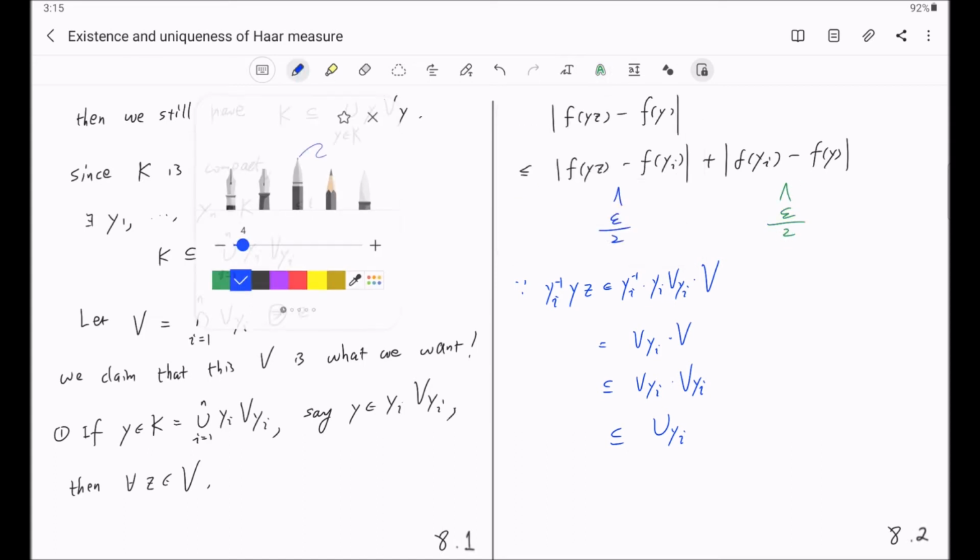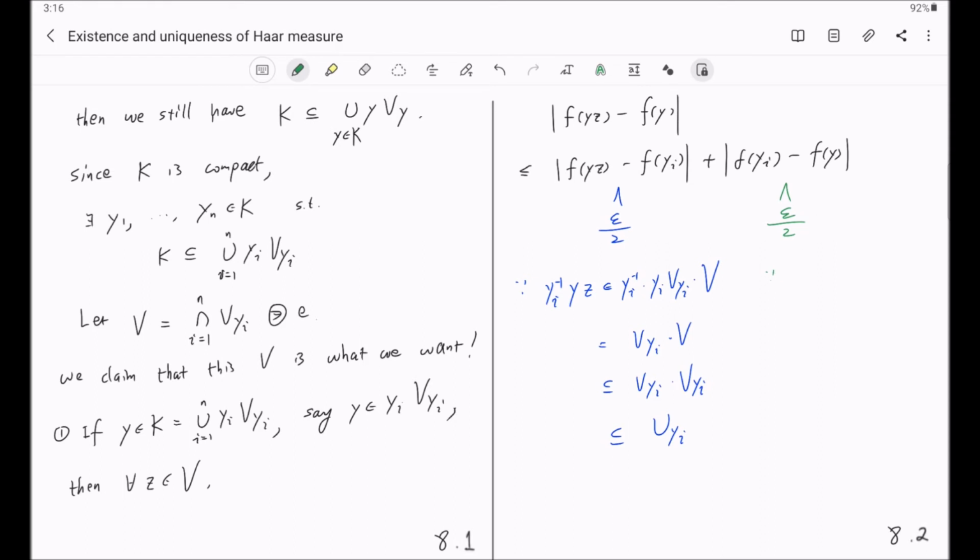This holds because if you look at y inverse times yi, y inverse is the inverse of this, which is v sub yi inverse times yi inverse. And we'll add y sub i at the end.